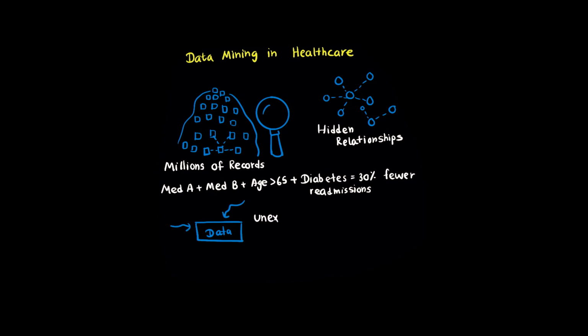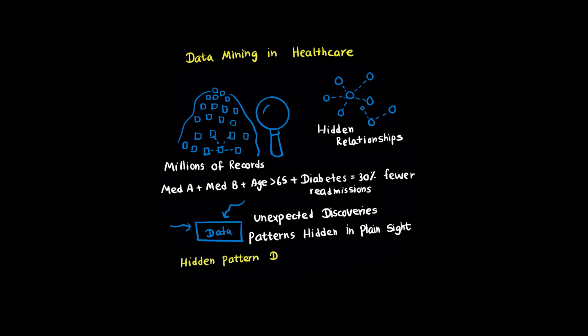Data mining algorithms crawl through the data, testing millions of potential patterns, looking for hidden relationships and unexpected correlations. They might discover that infections spike when certain nurses work together, or that a specific lab value predicts complications 3 days before symptoms appear. These patterns were always there, hidden in plain sight, waiting for data mining to reveal them.